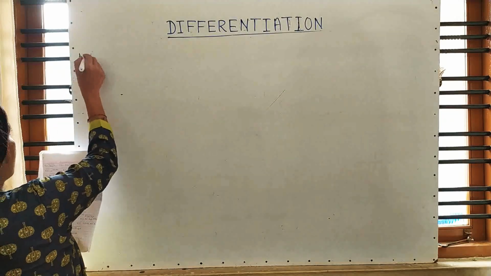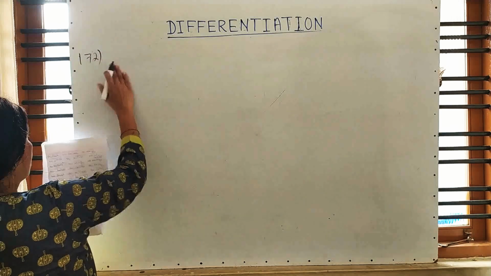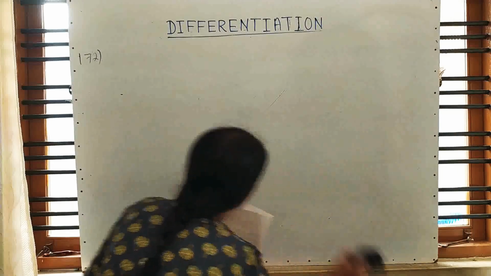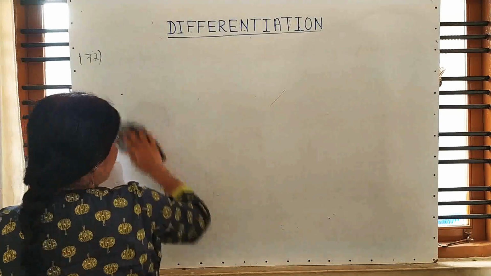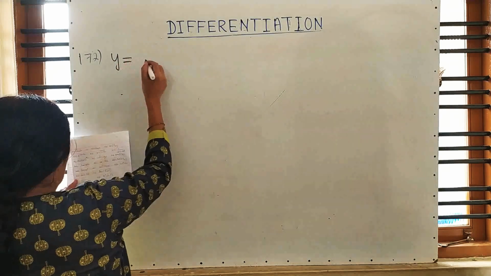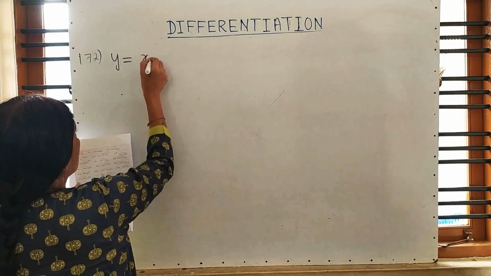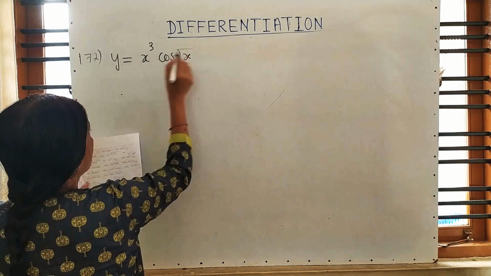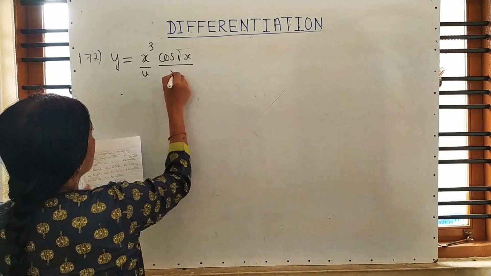Question number 172. y is equal to x cube cos root x. See, this is u, this is v.